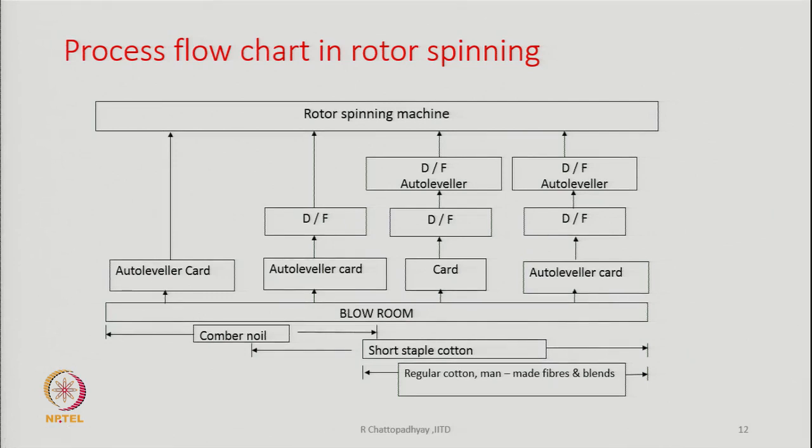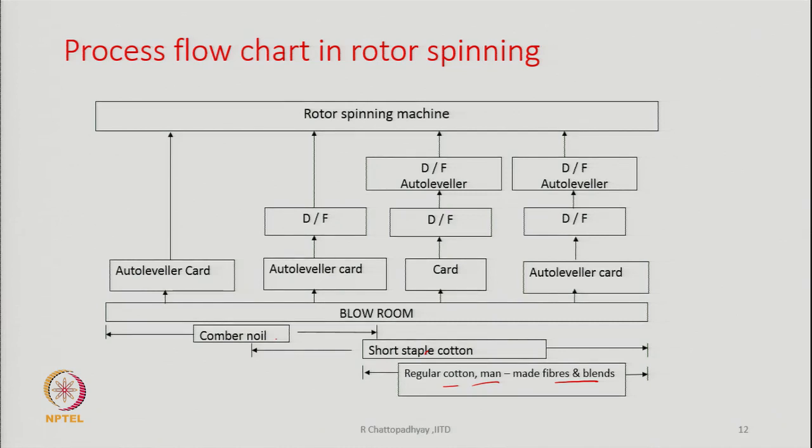This gives a flow chart of the rotor spinning process, you can say. In the rotor spinning process flow chart shown here, we start with short staple fiber or comber noil, whatever we get, or we can also take regular cotton, man-made fibers and blends. There are various practices in the industry.